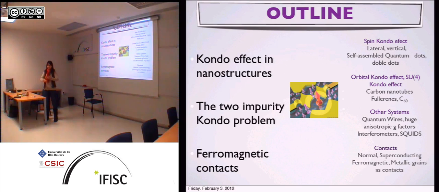It should be something smooth. This approximation just shows you that you have a splitting when you go from the Kondo to the antiferromagnetic phase.